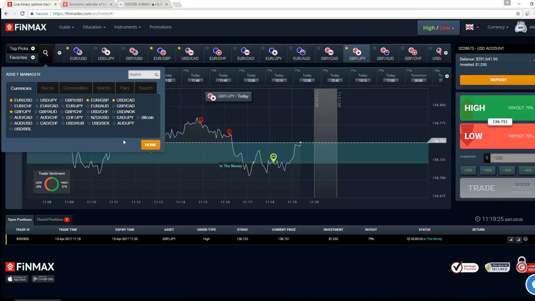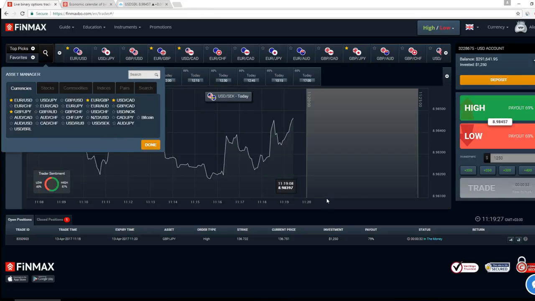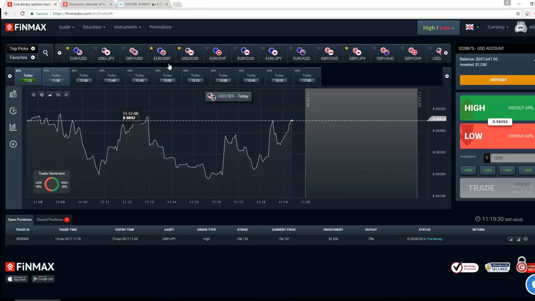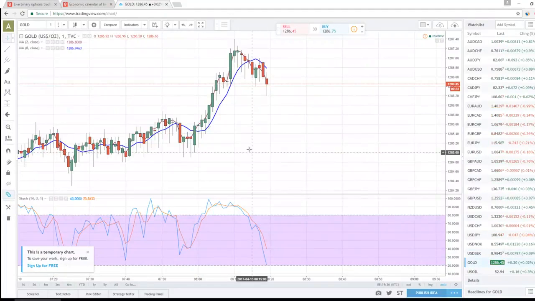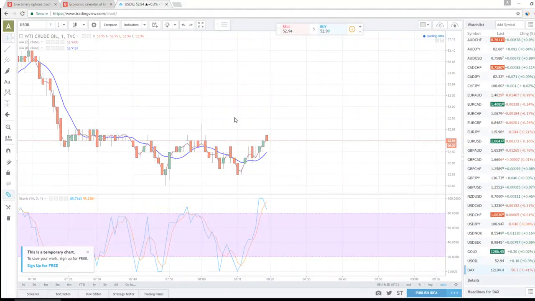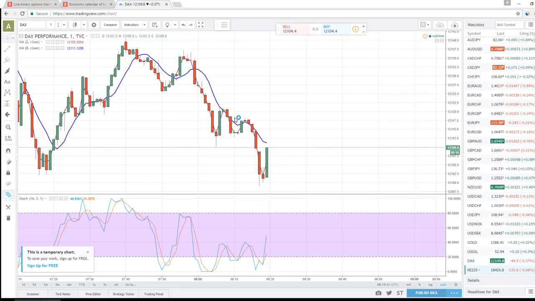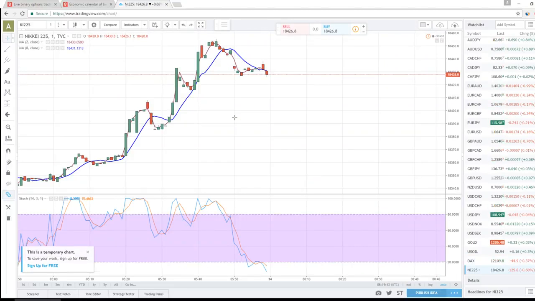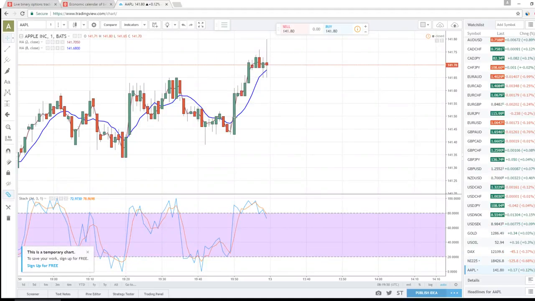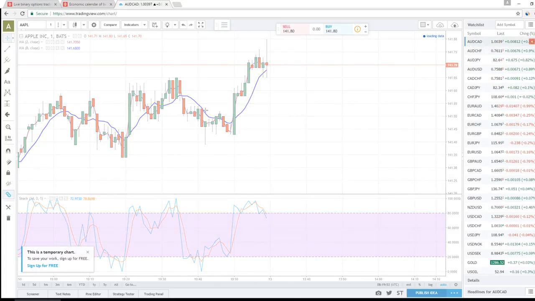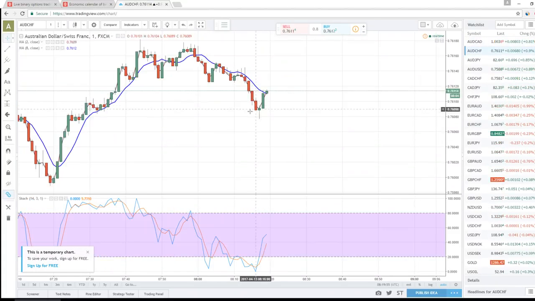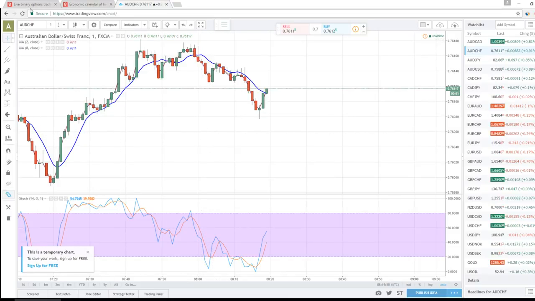I'm not trading that often using this asset, as it doesn't have that many expiries, as many contracts, and I will switch to something else. Okay, these assets are mostly closed, so let's go back to our currencies.